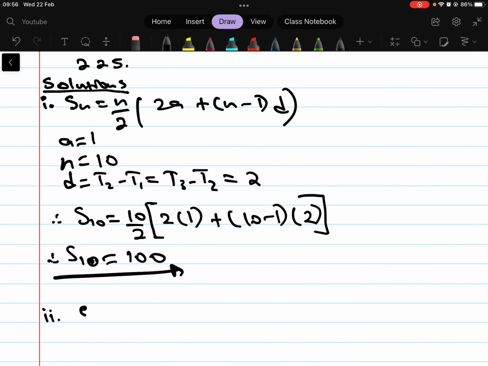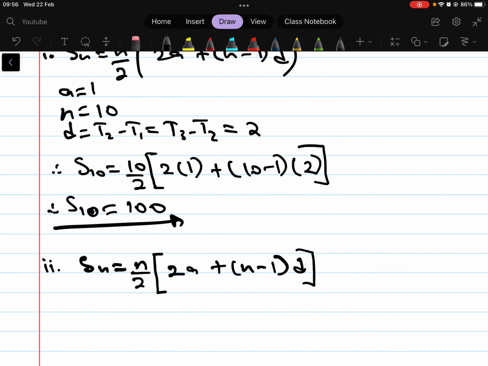So we are still using the same formula, since we still have an arithmetic series. We're just going to copy it first, and then we know that d is still the same, a is still 1, d is still 2, and n is what we are looking for. However, in this case we are given Sn, which is 225. Now we just need to solve for n. That will be the only unknown variable in this question.